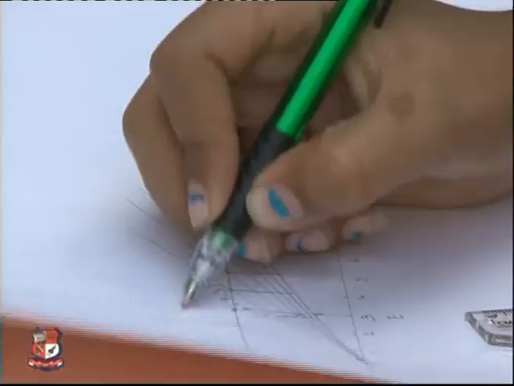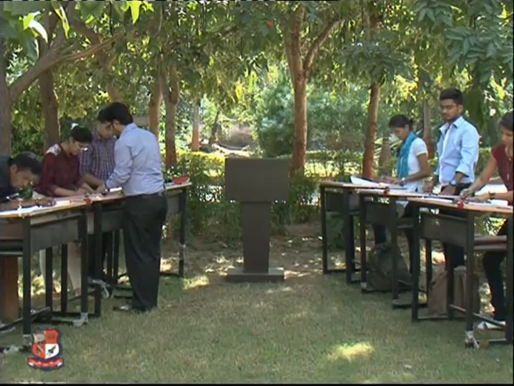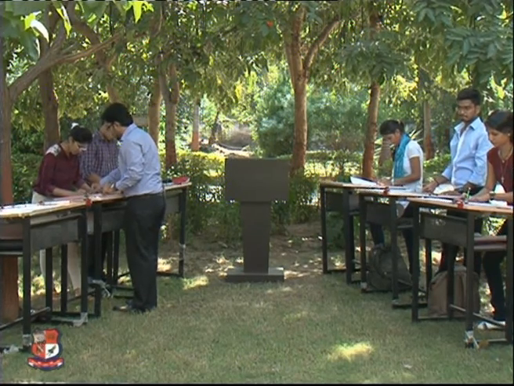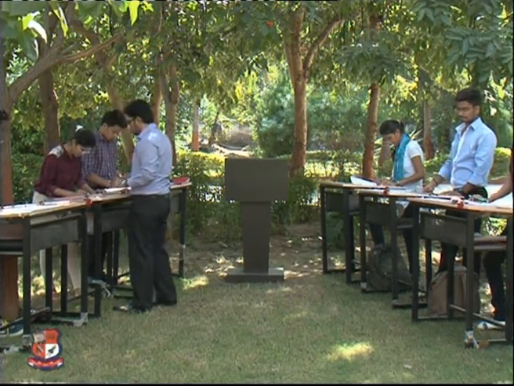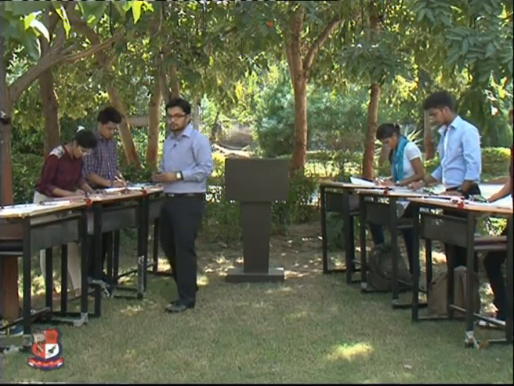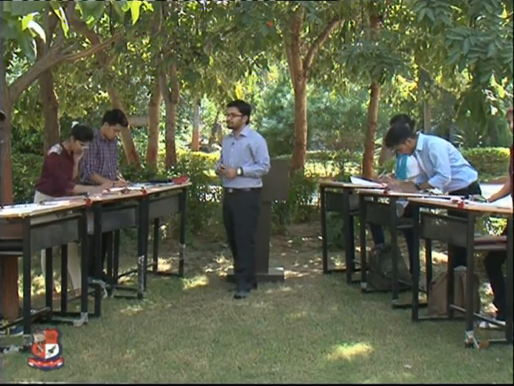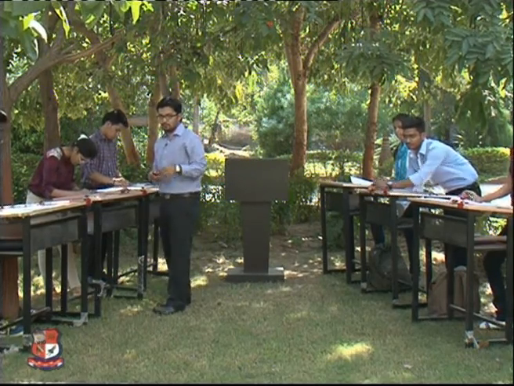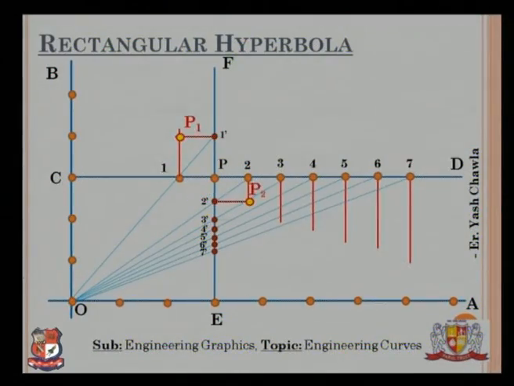Now see, when you're marking this 1, mark it as 1. That is 2. It's okay. 2, 3, 4, 5, 6, 7. Have we done that? And then the horizontal line from here to here.